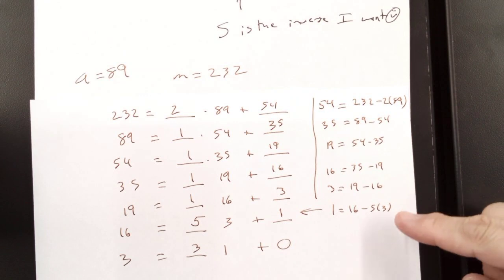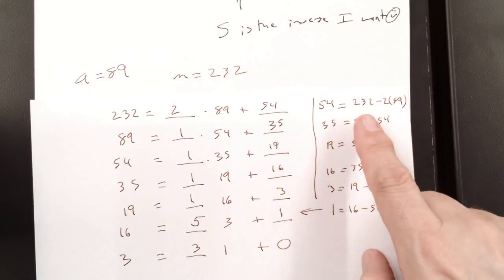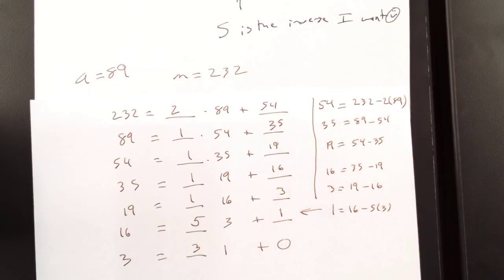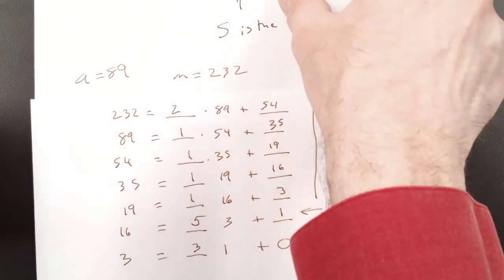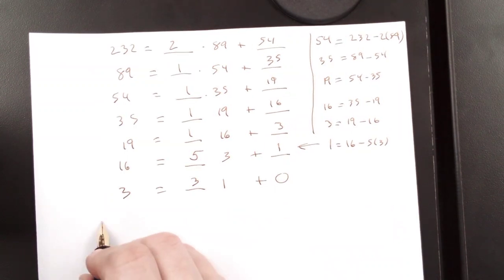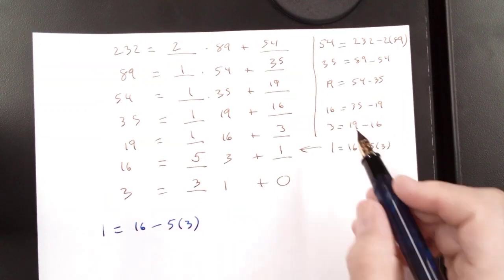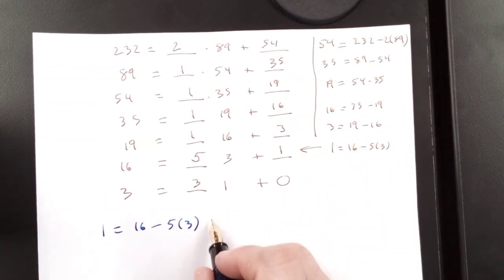And you're going to keep using these from the bottom up until you get to 232s and 89s only. But the 3 was 19 minus 16.